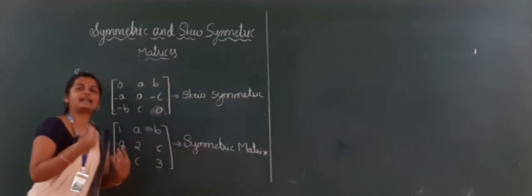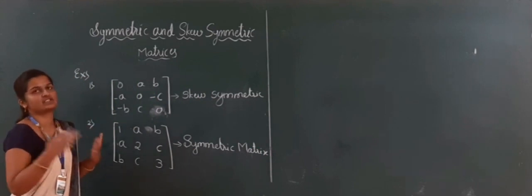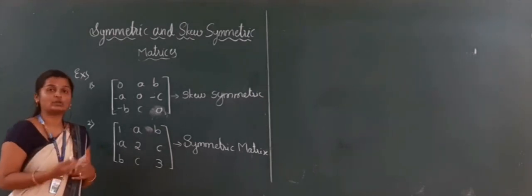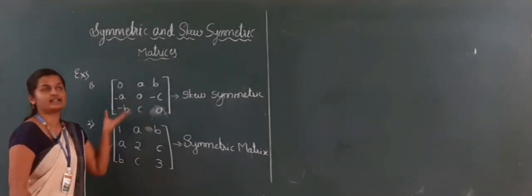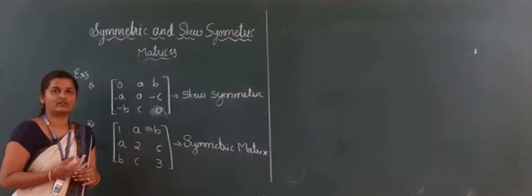By seeing directly we can say it; it's not necessary to check that A dash is equal to A or A dash is equal to minus A. But if they tell you to prove that this is symmetric or skew symmetric, you have to show that A dash is equal to A.